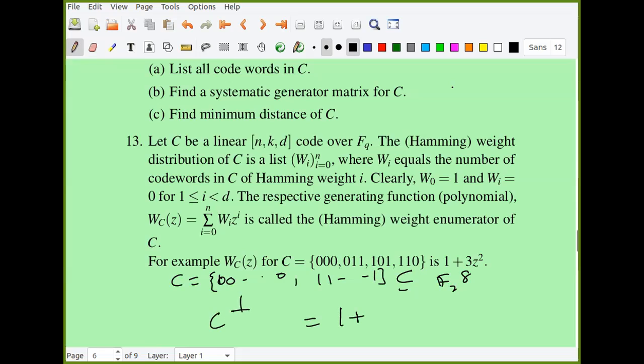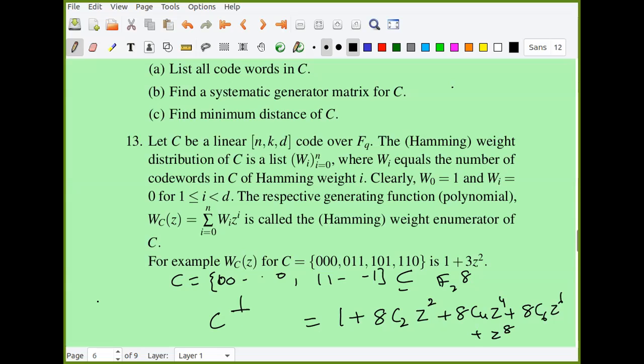So you told that 1 plus, tell me. 8 choose 2 into z square. Wonderful. Next, 8 choose 4 into z power 4. Very good. Next one, 8 choose 6 into z power 6, and z power 8, right?